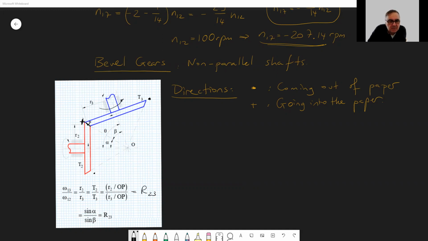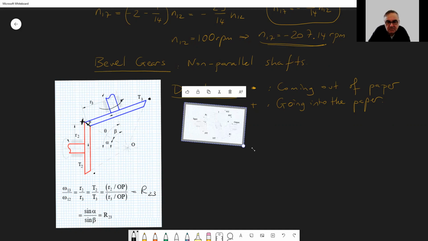Okay. For example, let me give you one example here. By the way, the most common bevel gears are, of course, bevel gears that are 90 degrees to each other.